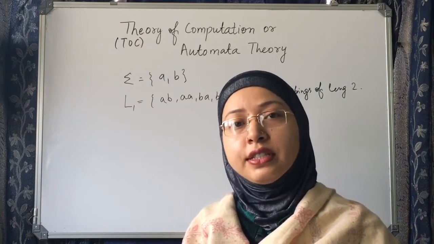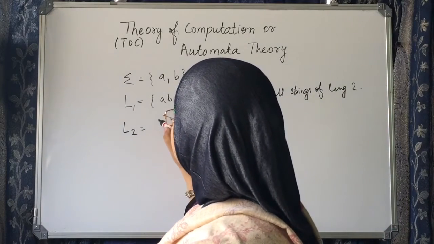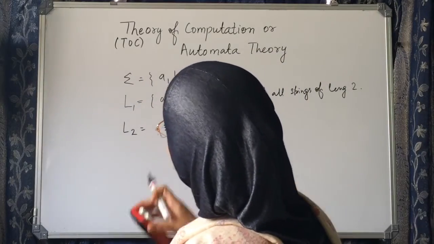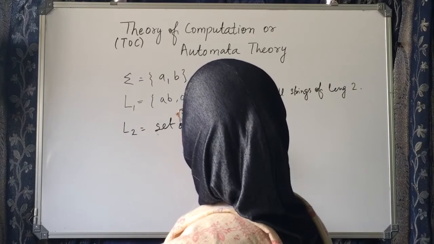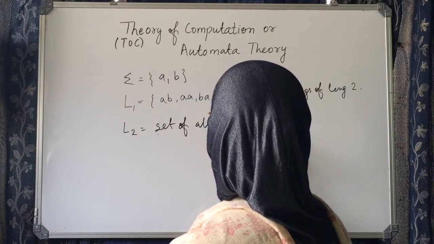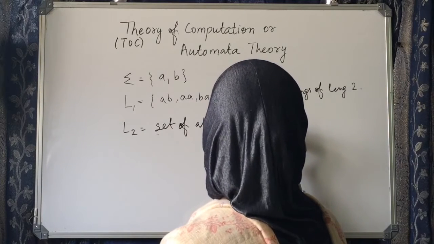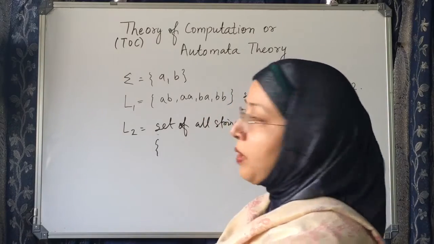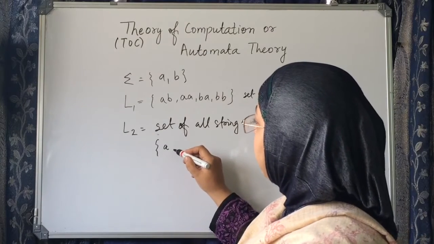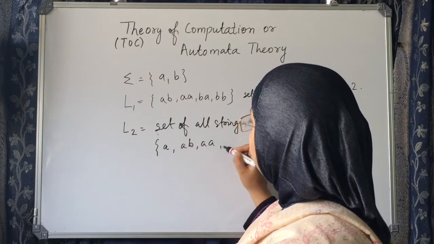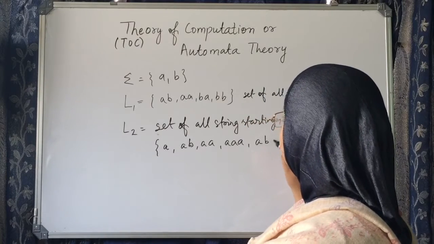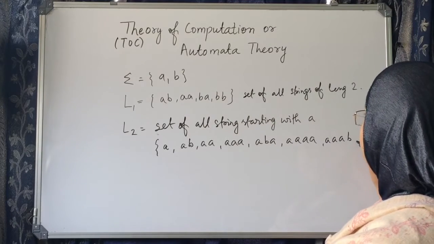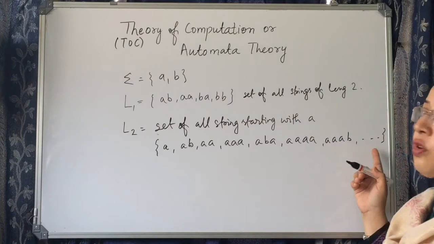Because you can count how many strings are present in your language. But if your language is the set of all strings starting with A, then what strings are possible? A, AA, AB, AAB, and so on.